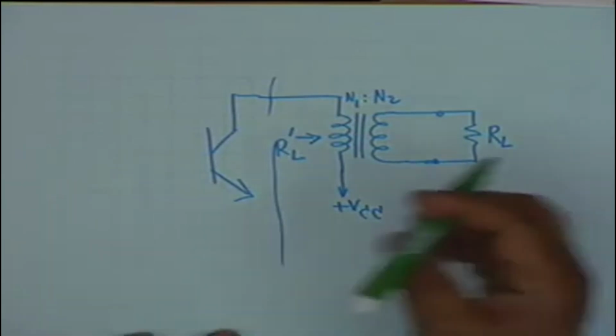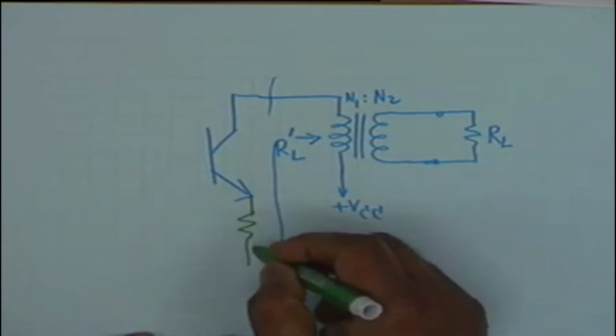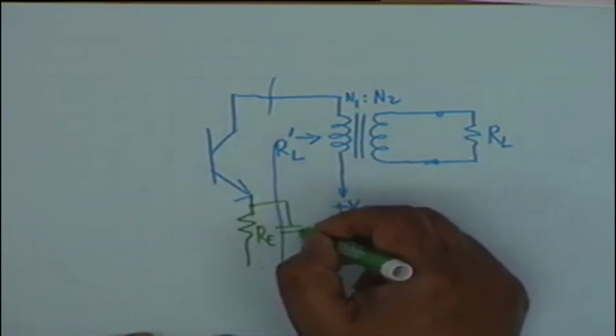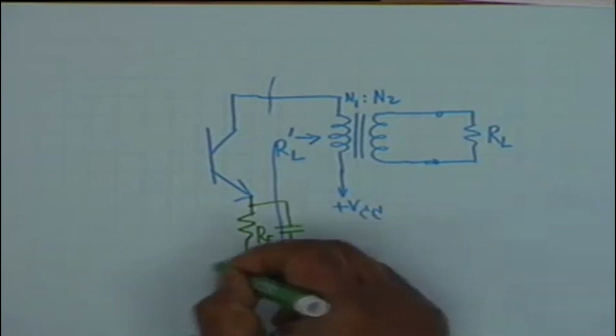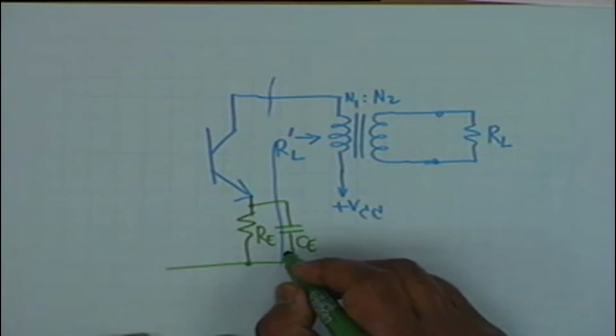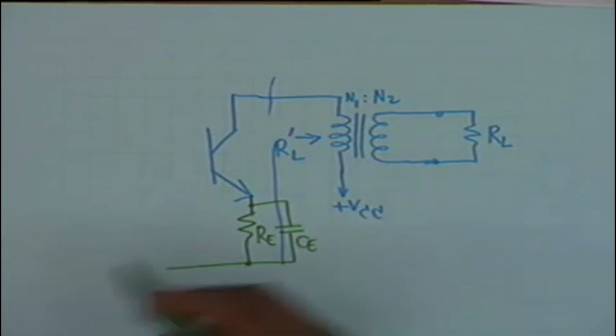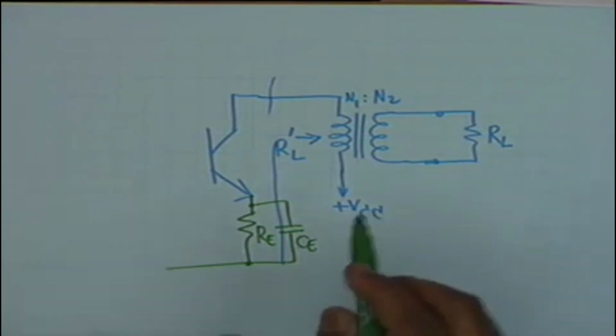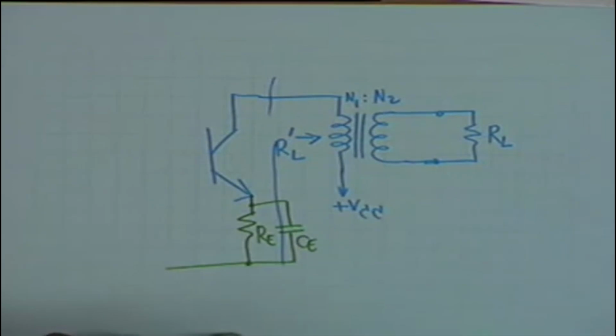Now if I complete this circuit, I must have an RE here, and I must have a CE in parallel, which is a bypass, and in addition I must have the usual R1 R2 combination. Now where shall you take the R1 and R2 from?